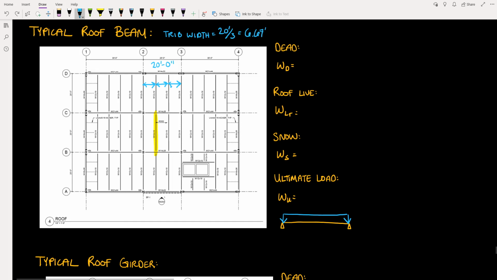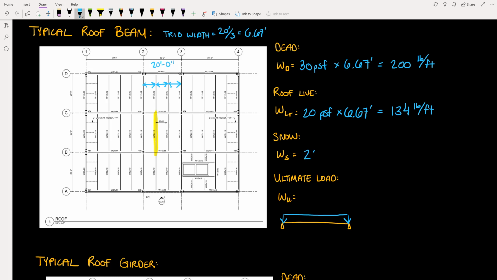Now we said that the dead load here was 30 pounds per square foot. We multiply that by the tributary width of the beam, and we get 200 pounds per foot for the linear load across this roof beam. Next we have the roof live load, 20 pounds per square foot, multiplied by the tributary width, and we get 134 pounds per foot.